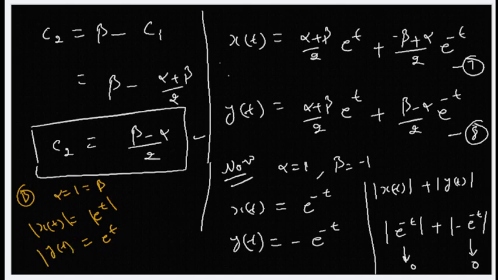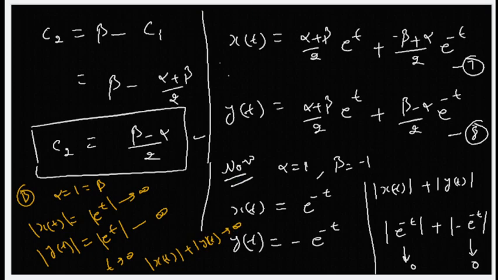If we add both x of t and y of t, and t tends to infinity, then this tends to infinity, and again this tends to infinity. As you can see, if t tends to infinity, then e raised to power t tends to infinity, so mod of x t plus mod of y t tends to infinity.